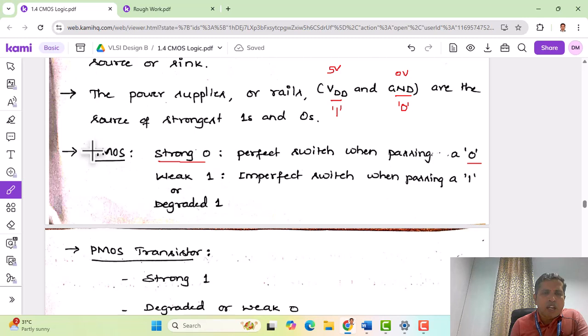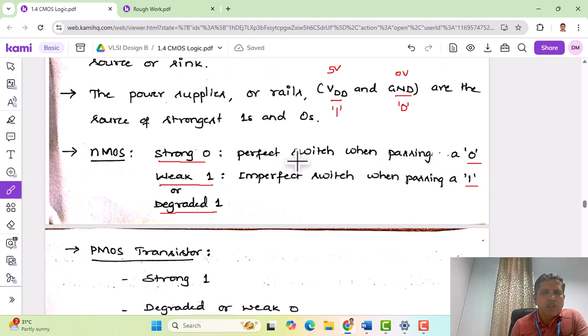However, the NMOS transistor is not good at 1. So we say the NMOS transistor is weak at 1, or it has a degraded 1. The reason for this is that it behaves like an imperfect switch when passing a 1 from one point to another point.